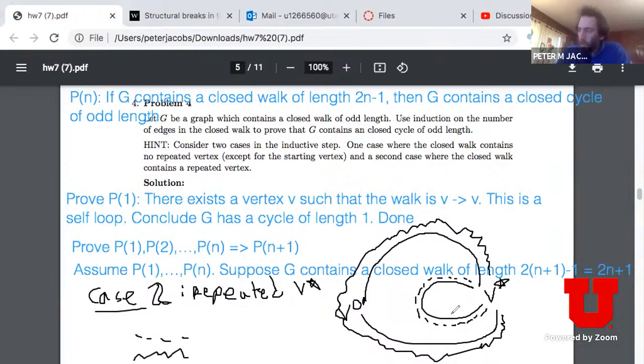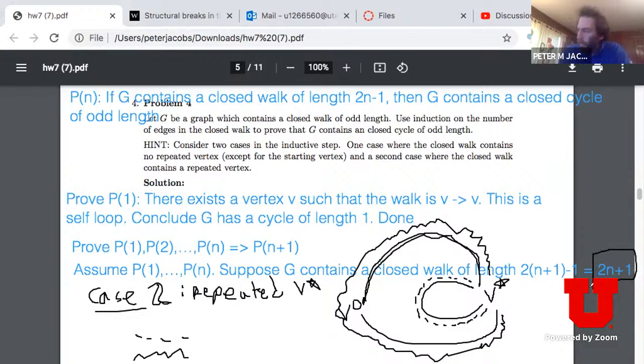And the union of those two closed walks makes up the entire closed walk of odd length. And remember that our assumption is that line was a closed walk of length 2n+1.